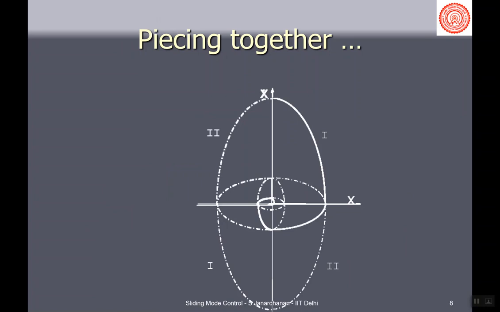Until now it looks quite the same, and there doesn't seem to be anything remarkable. But say you have a representative point that starts from this point. It moves along mode 1, but at this point it has to change to mode 2, so it goes along this trajectory, then again on this trajectory, then again on this trajectory.